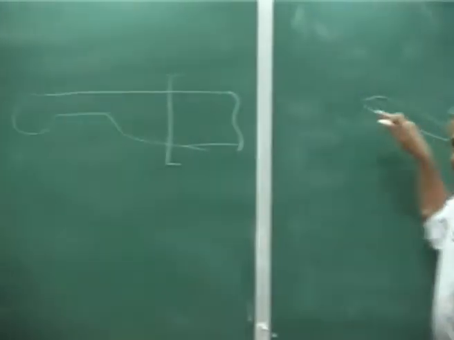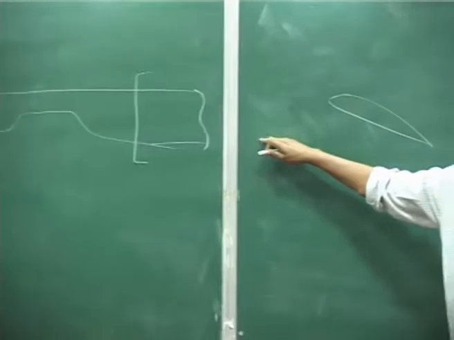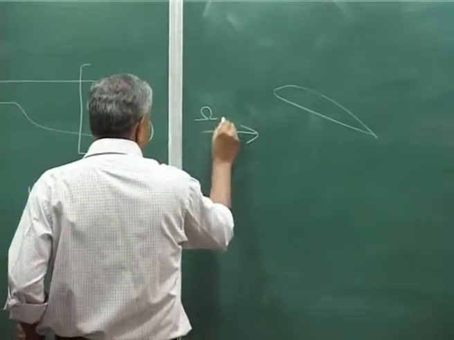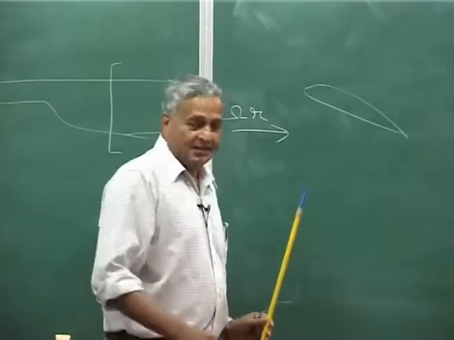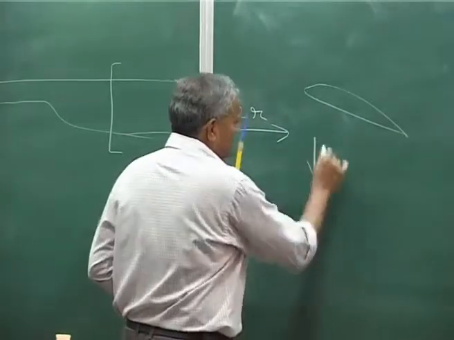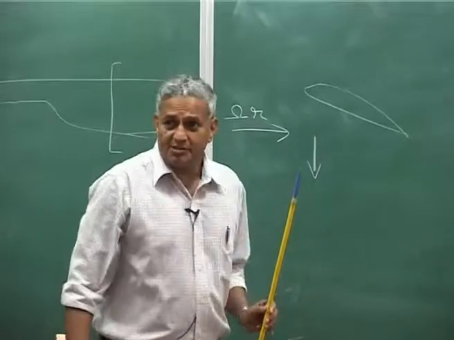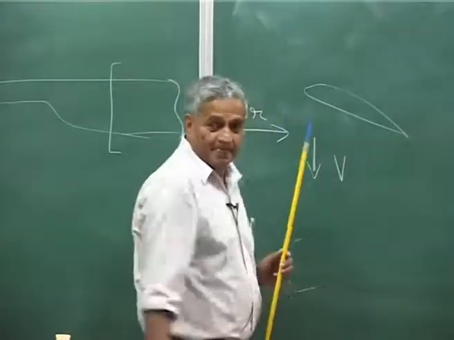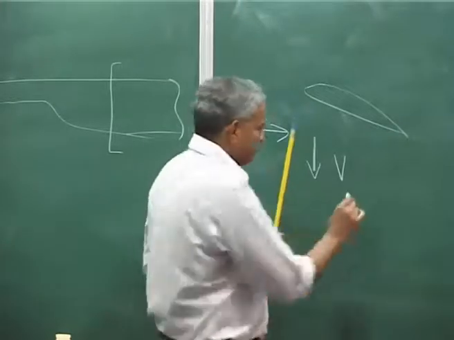this is the cross section, omega r is there. So, you may take, this is my omega r, and the propeller is going with an axial velocity, which you may call V, plus some induced flow.